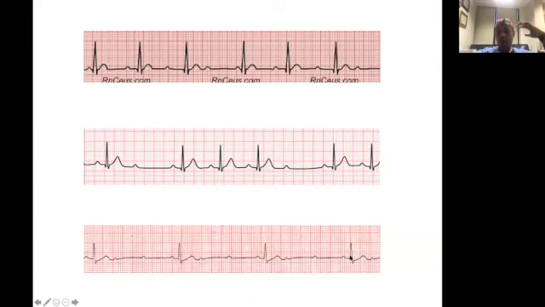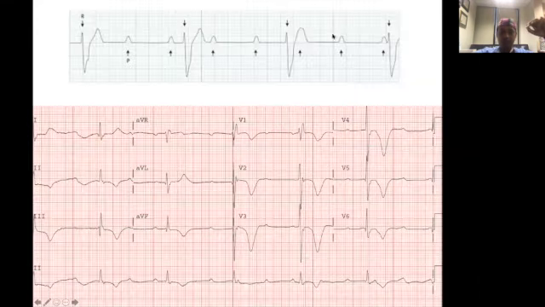So if this was a third degree heart block, there should not be a fixed PR interval. The P shouldn't be talking to the QRS. Okay, so this one is a really bad second degree heart block type 2, meaning it's every third P wave that gets a QRS.